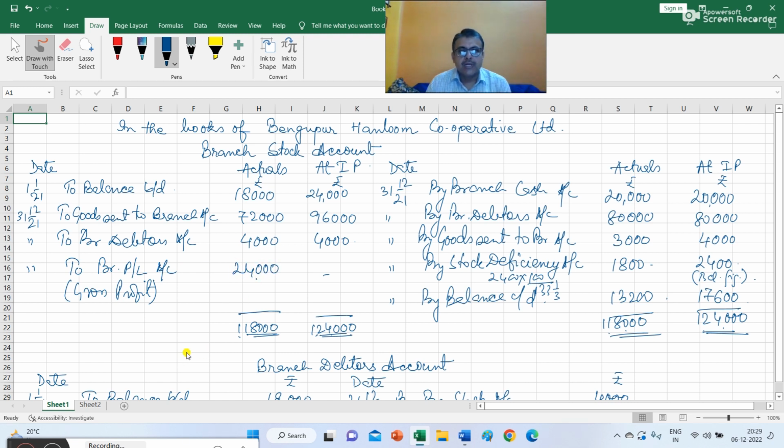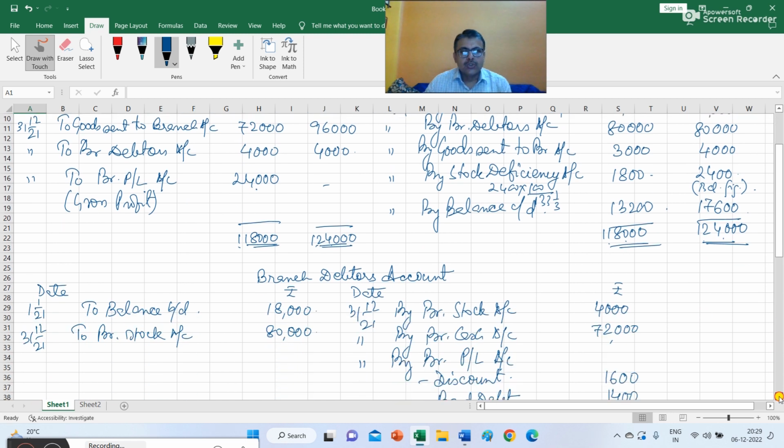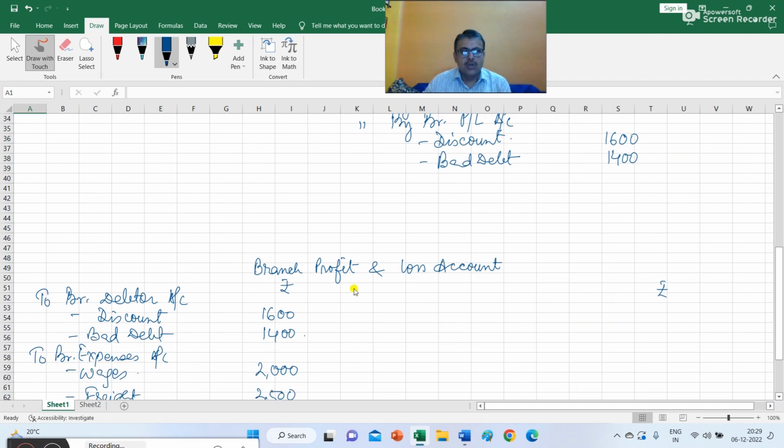So gross profit is the balancing figure from branch stock account at cost. So 24,000 is the gross profit. Now I have to transfer this figure to branch profit and loss account. So I am writing here as by branch stock account 24,000.